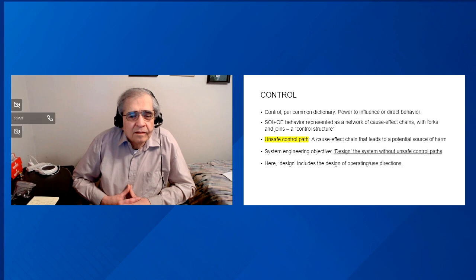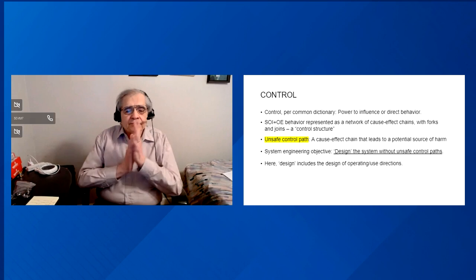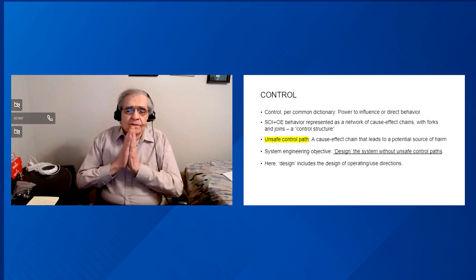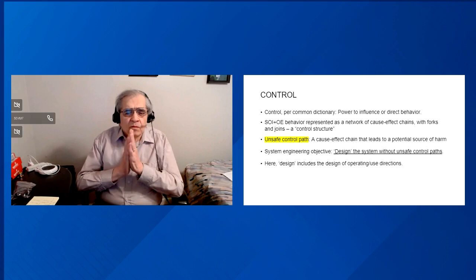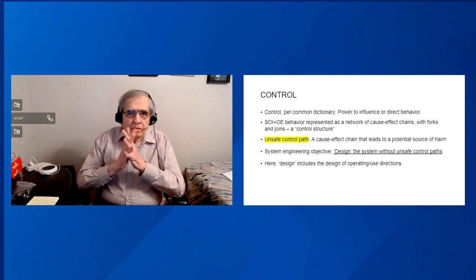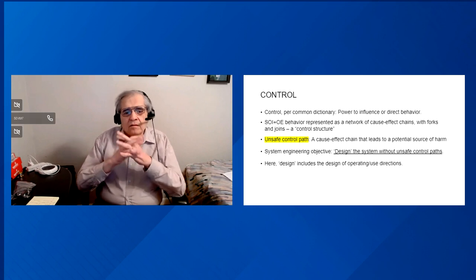The system engineering objective then is to design the system without unsafe control paths, with design taken in a very broad sense, not only to include architecture and implementation, but also the design of operating or use directions.